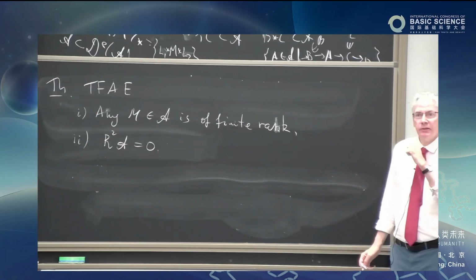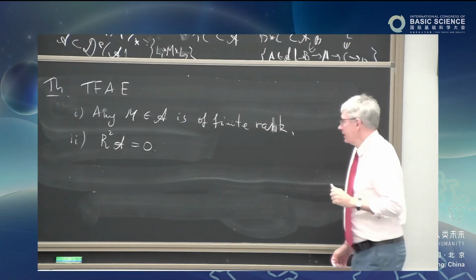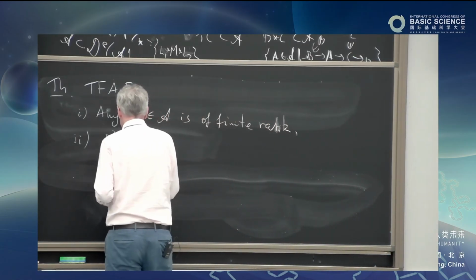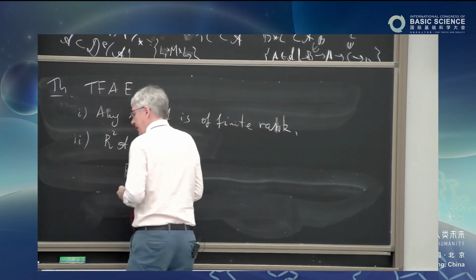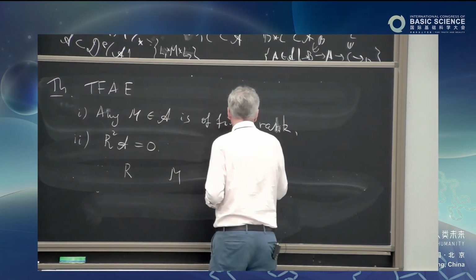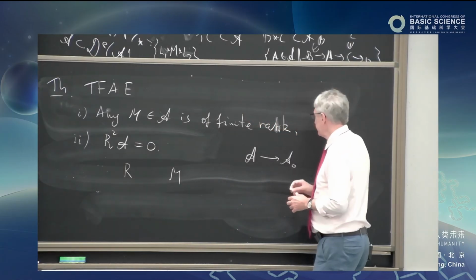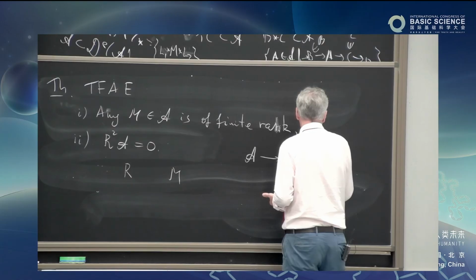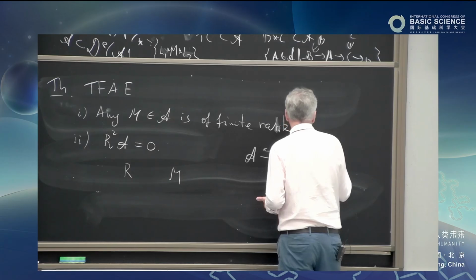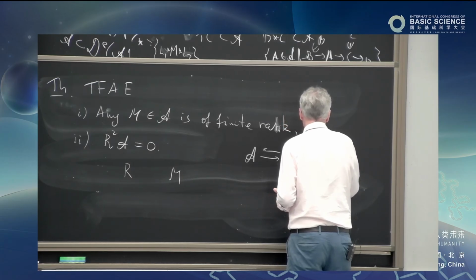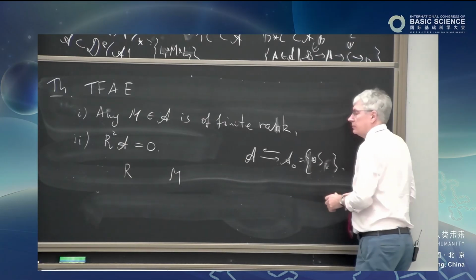Here I should say what the radical is. If you have an object M, there is a notion of radical of any object M. The point is that we have a functor from A to A_0, where A_0 is a kind of semi-simple part of A. So it's generated by simple objects, direct sums of the S_i, meaning semi-simple objects.